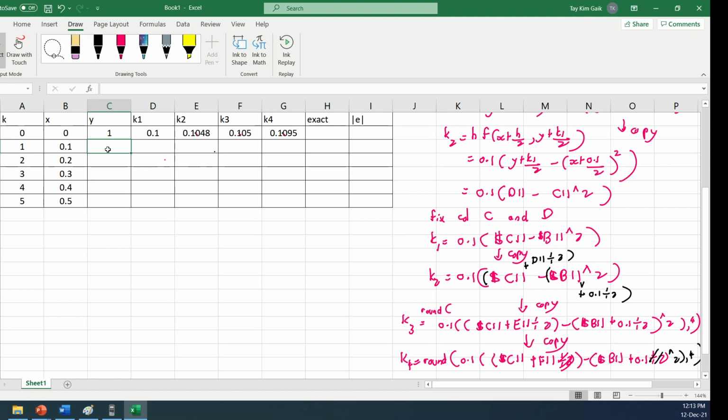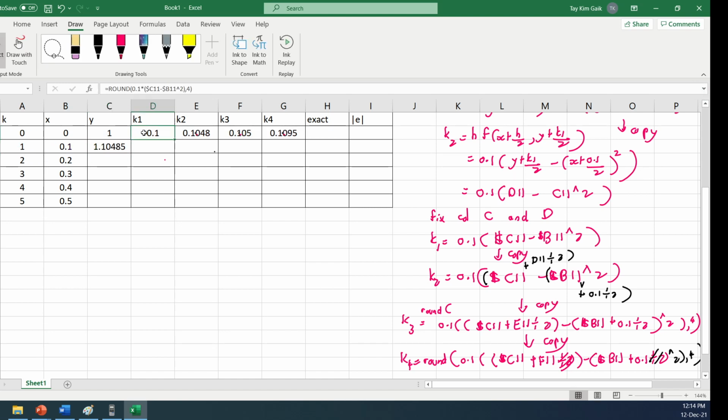And then you just need to key in the formula for y1. Y1 is y0 plus, put the bracket, k1 plus 2 times k2 plus 2 times k3 plus k4. Then divide by 6.